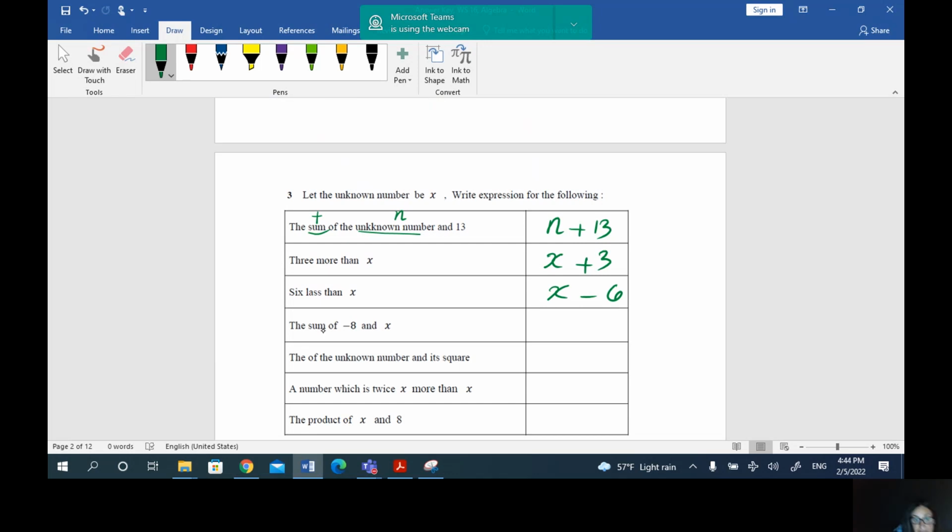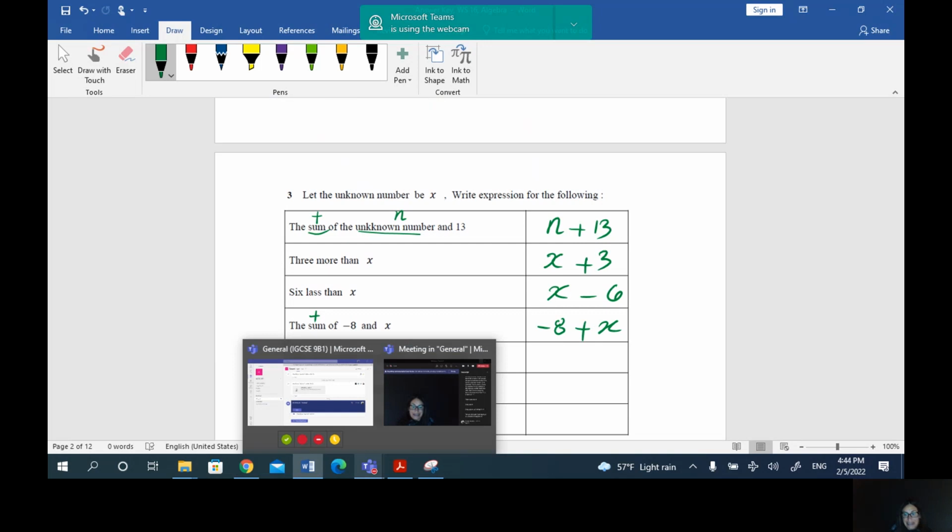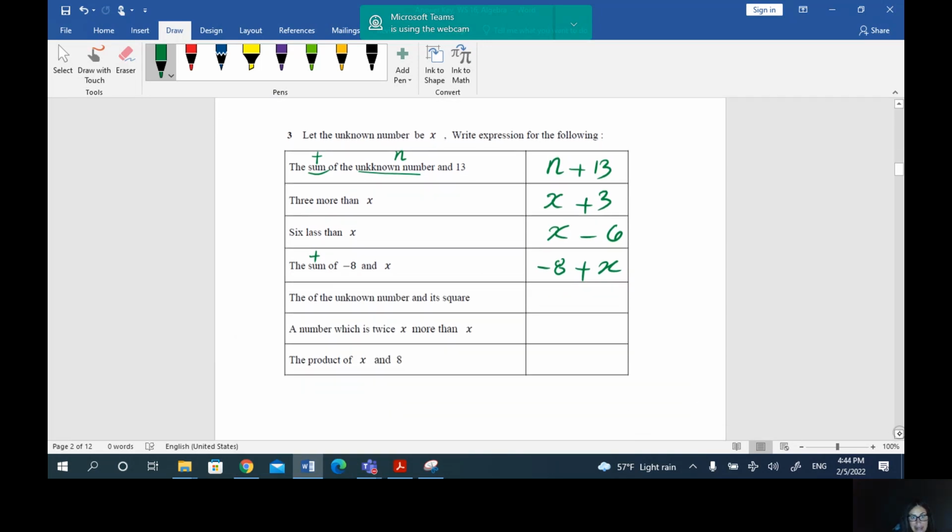The sum of negative 8 and x. The sum again is the addition, so we're adding negative 8 and x. This next one is not clear, let's just leave it.